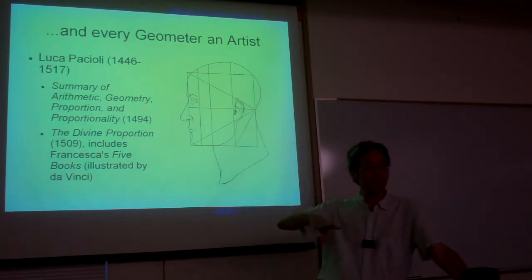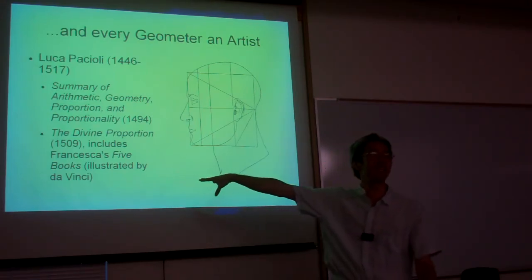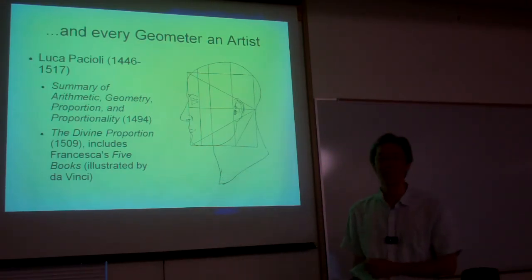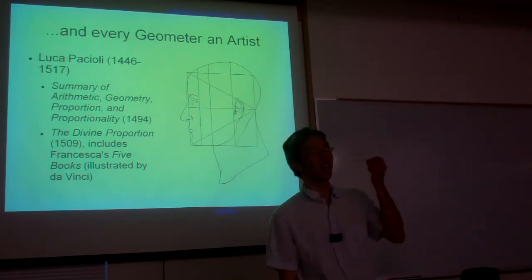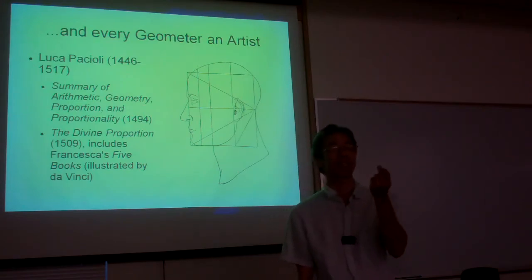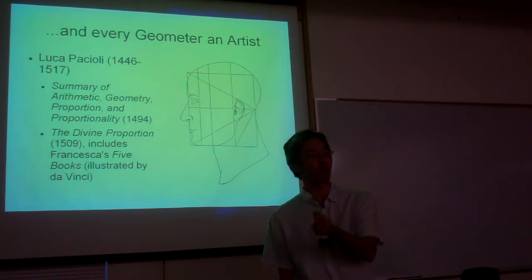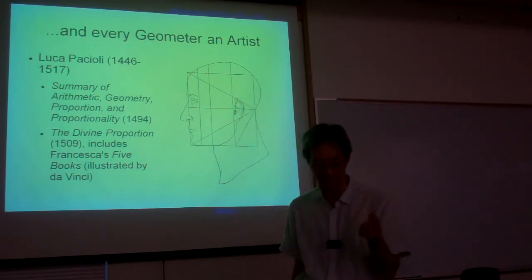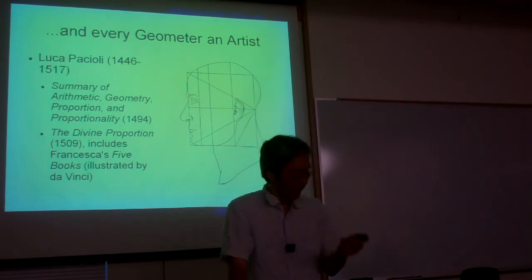And he includes Francesca's book on the 5 regular solids, and notably the drawings in this book were apparently done by Leonardo da Vinci. And Pacioli really brings to the artistic mindset this idea that ratio and proportion are critical features of a properly executed piece of art.